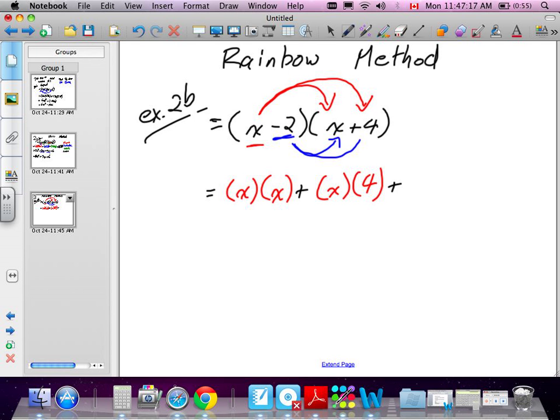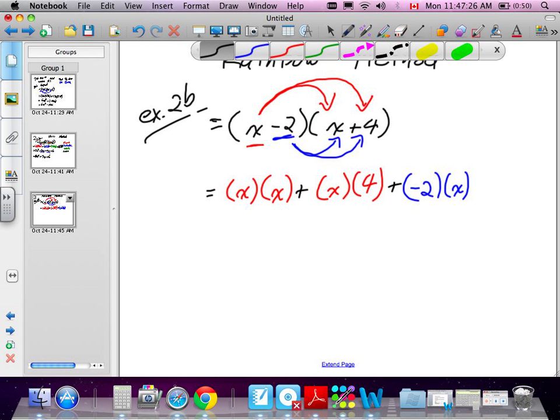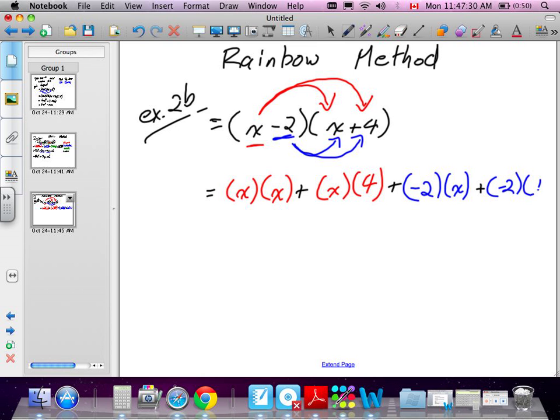So I end up with negative 2 times x plus negative 2 times 4. I multiply my terms. x times x is x squared. 4 times x is 4x. Negative 2 times x is negative 2x. And negative 2 times 4 is negative 8.